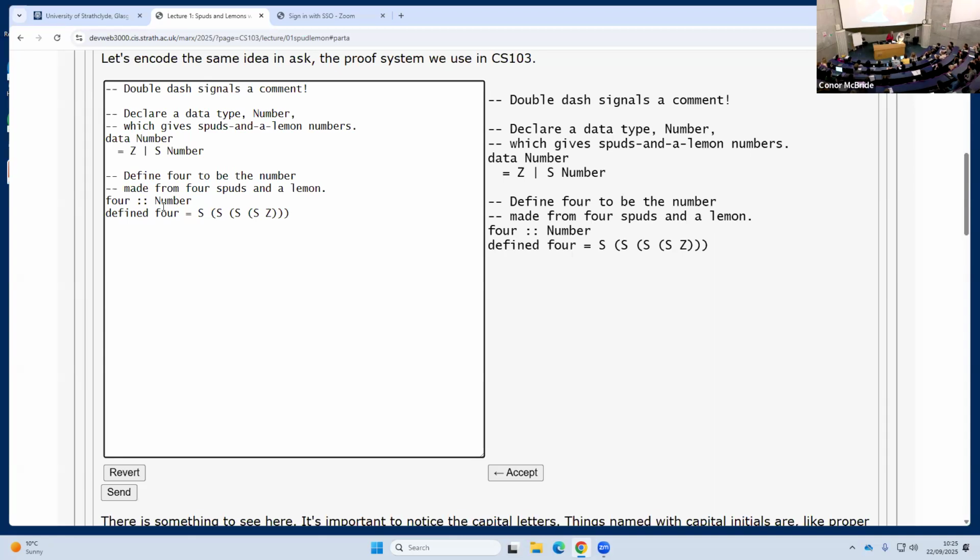Why do we need the paper? Because it might get messy. So we've substituted the right number for the left lemon, and that does adding, just literally putting all the potatoes in a row. And why does adding work?